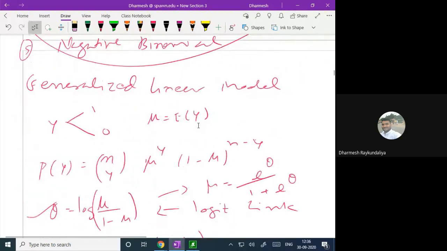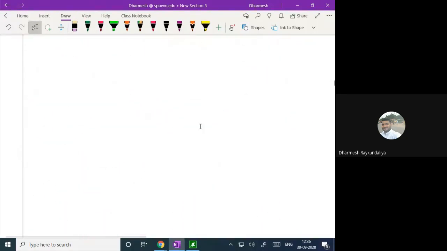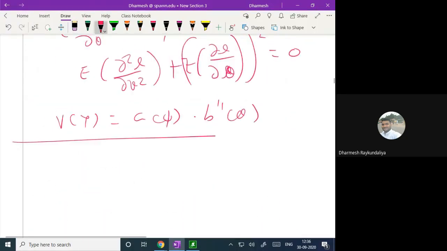So if your response is binary, then you have to have a binomial distribution, and the link function is a logit function. We know that in linear regression models, expected value of y is equal to beta 0 plus beta 1 x. Here we can call this eta.